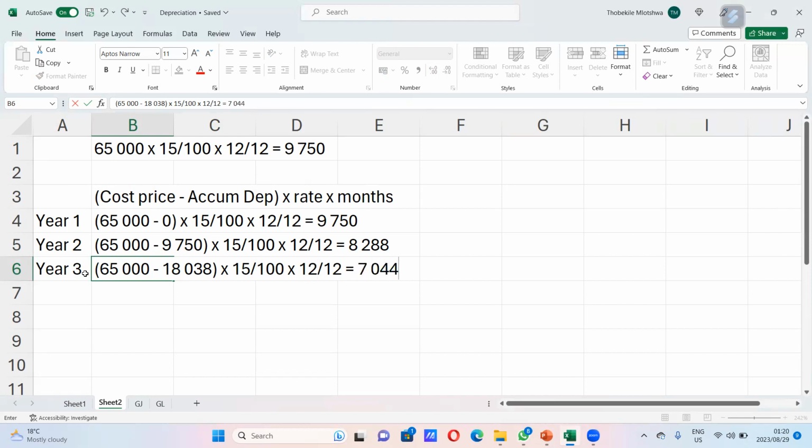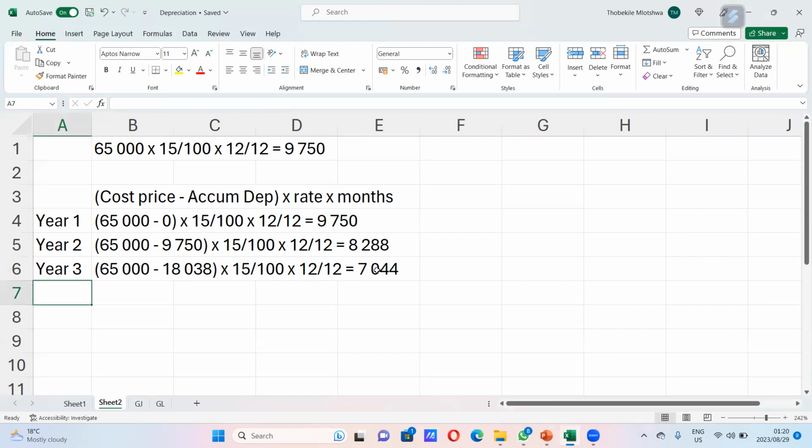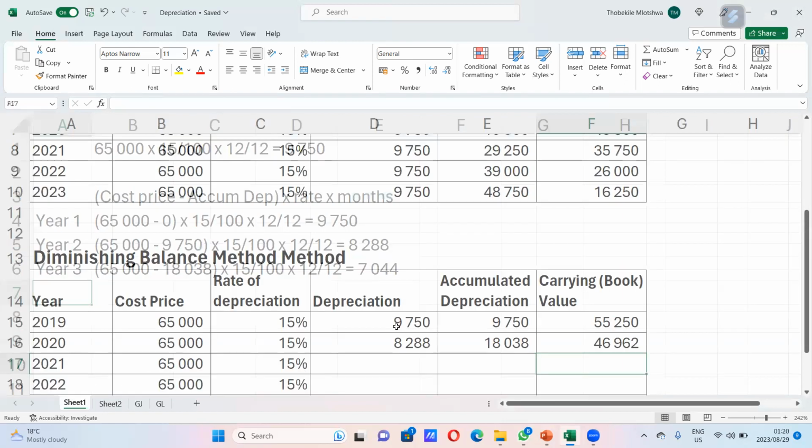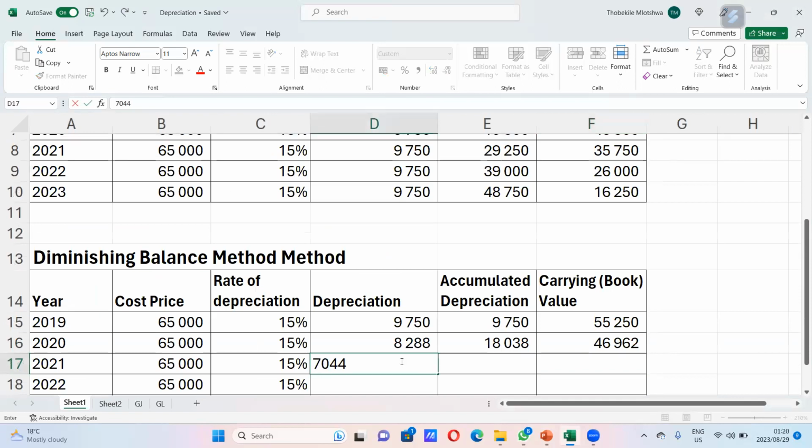Can you see that the depreciation keeps going down? That's why they say diminishing balance: the first one was 15% of 65,000, this one is 15% of 65,000 minus accumulated depreciation, so it will keep going down. That's how you can figure out which is which if you forget. So depreciation here is 7,044.